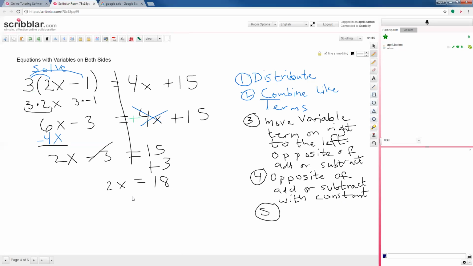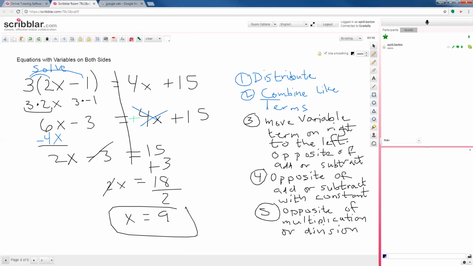And then our final opposite when we have the number next to the letter, but we only want to move the 2. We don't want the x to move. Now we're going to divide. The opposite here, because this is really 2 times x, our opposite is to divide.